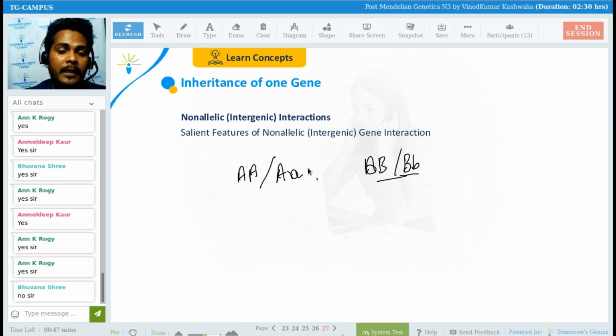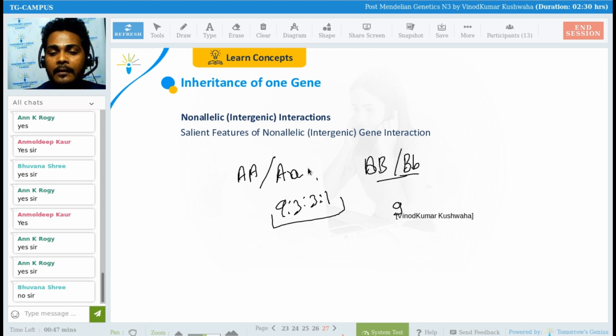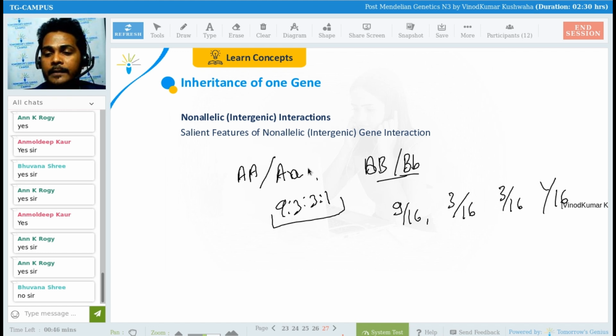Even in the normal dihybrid cross, the F2 genotypes fall into 4 phenotypic classes, with ratios of 9 out of 16, 3 out of 16, 3 out of 16, and 1 out of 16.